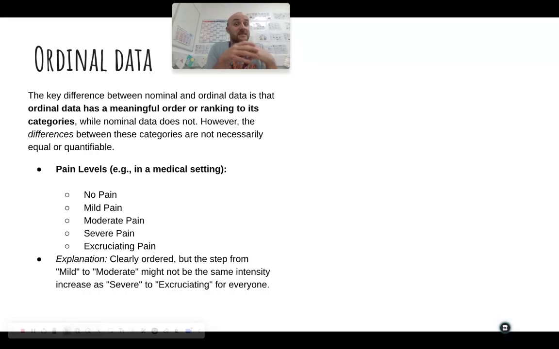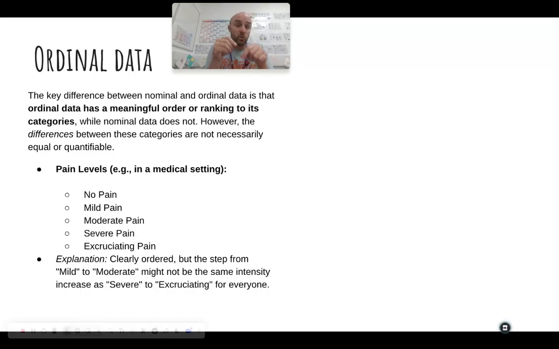Now, here's the other thing you need to know about ordinal data. The gaps between the values are not necessarily the same. So the space between no pain and mild pain is not necessarily the same between mild and moderate or severe.